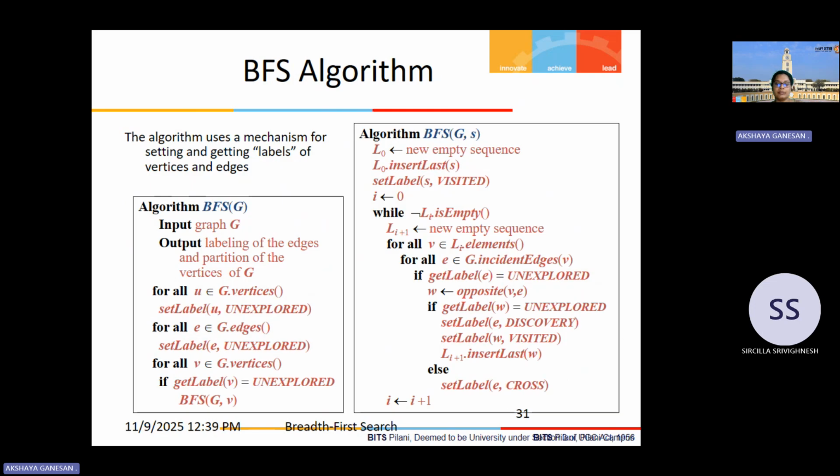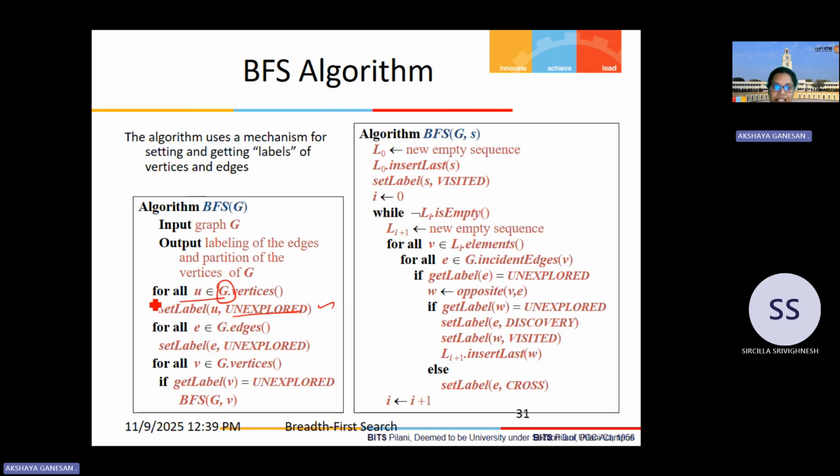I'll explain the algorithm in a little more detailed way. This is the exact algorithm. So it's a recursive algorithm. Okay. So what happens first? You take all the vertices in the graph G and label them as unexplored.